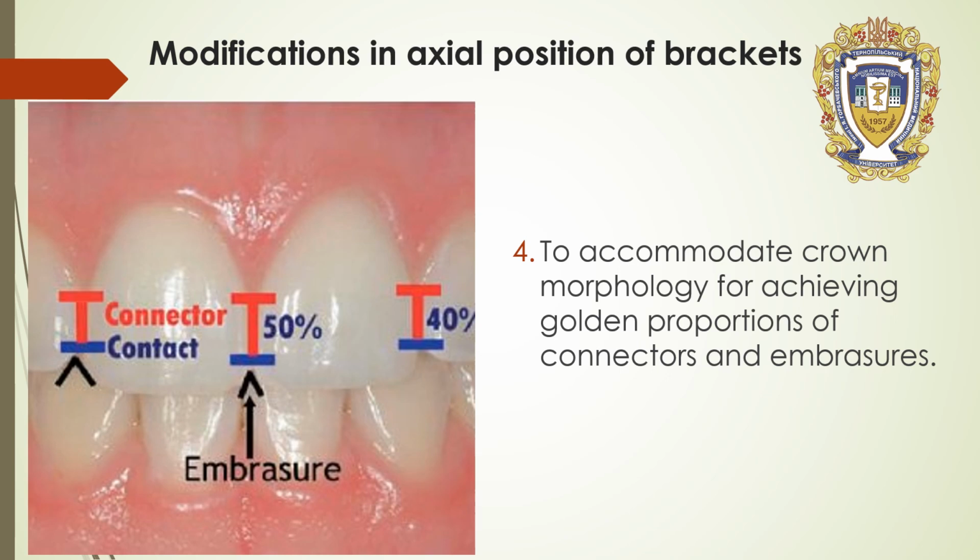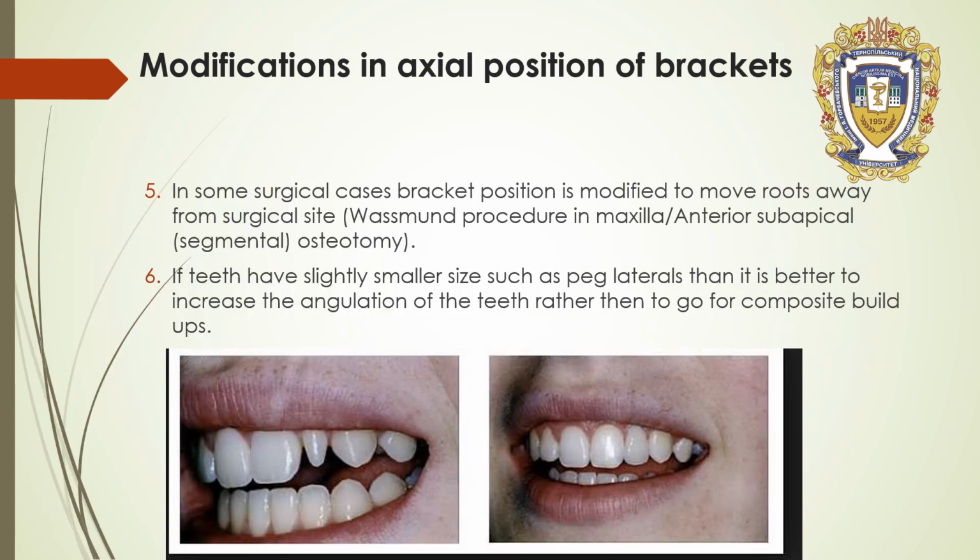Next modification: to accommodate crown morphology for achieving golden proportions of connectors and embrasures. Fifth point. In some surgical cases, bracket position is modified to move roots away from surgical site.